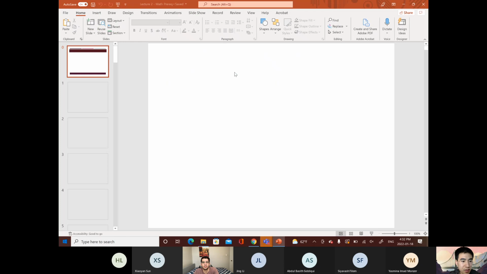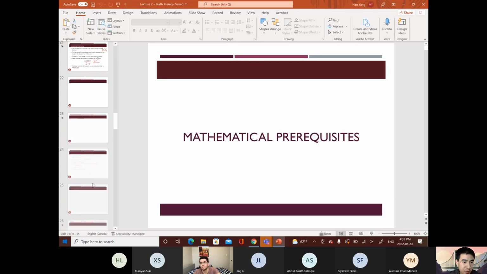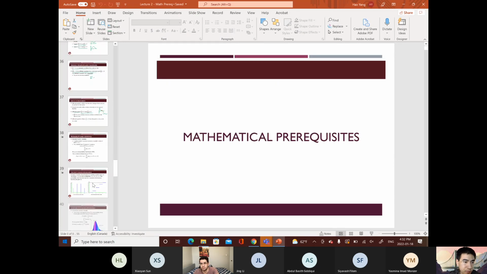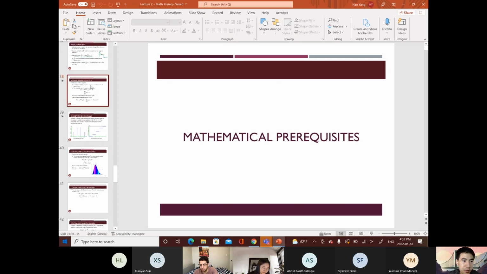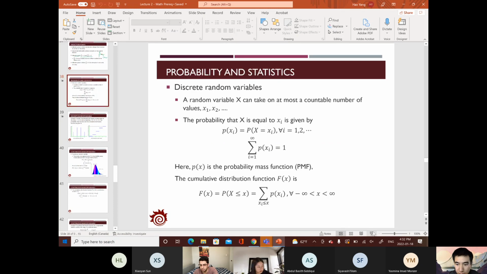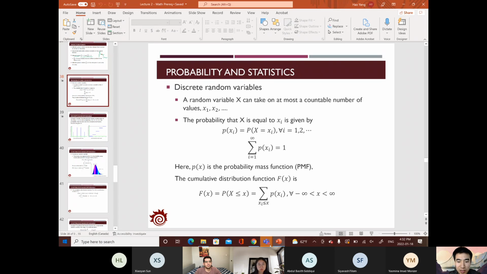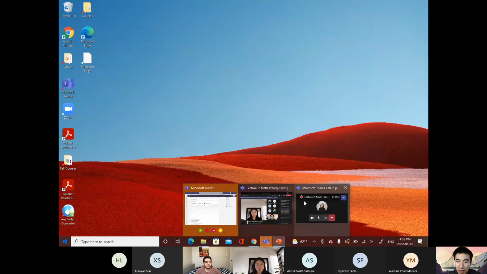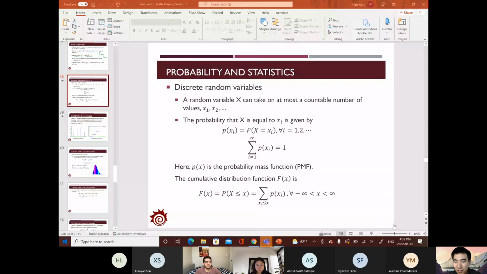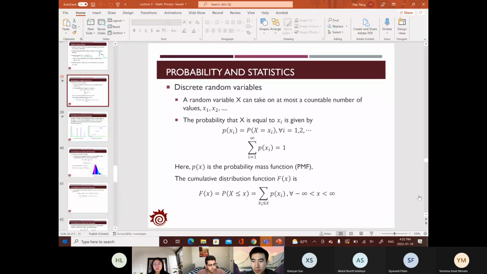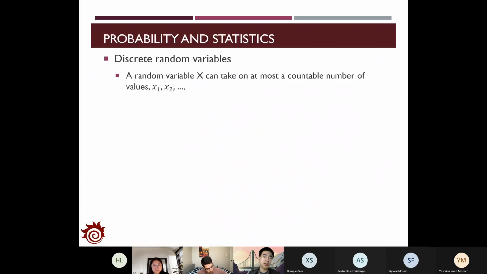Hopefully it's working this time. Okay, let me see whether it's working or not. Still not working. Just a moment. Let me exit the sharing and share it again. Okay, and it works.